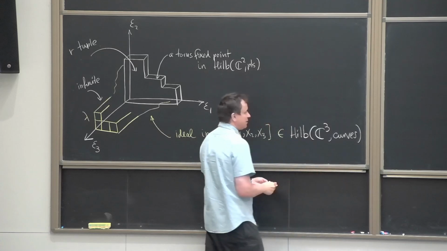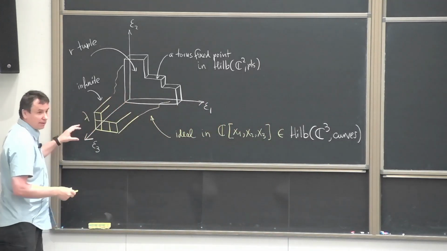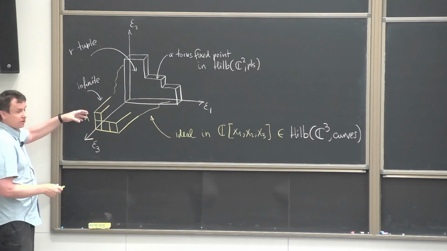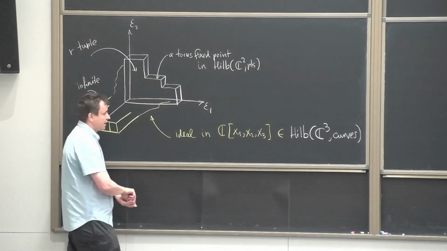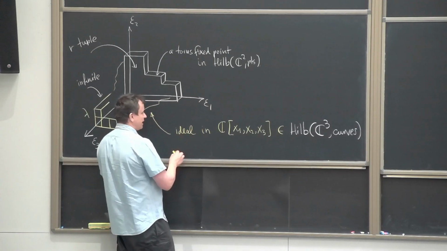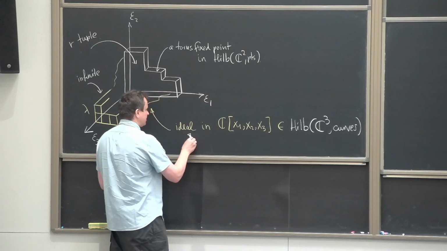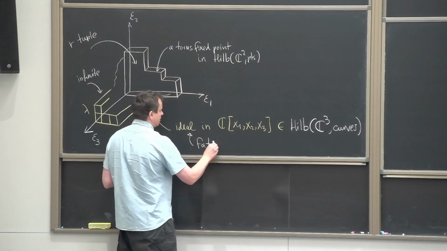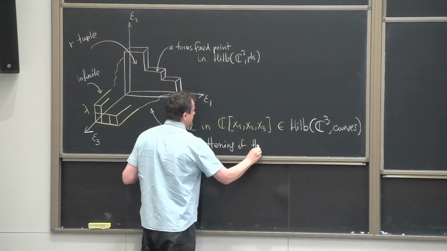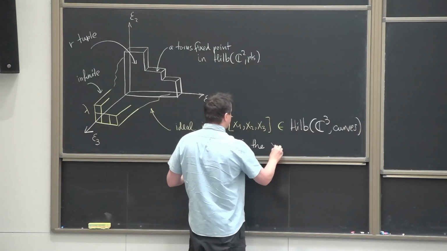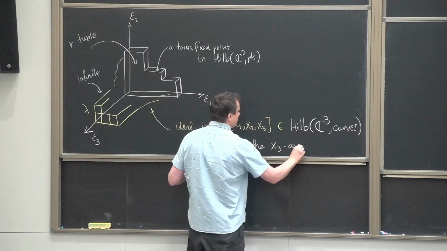What does it mean? It's an object of dimension 1. It's not a point, it's an object of complex dimension 1. And this particular ideal corresponds to some fattening of the x3 axis.